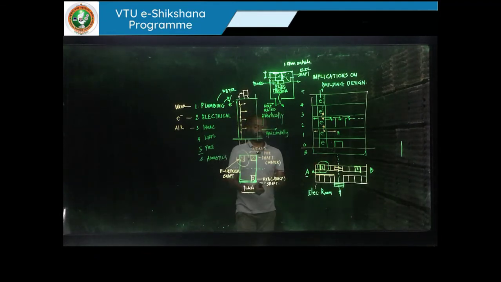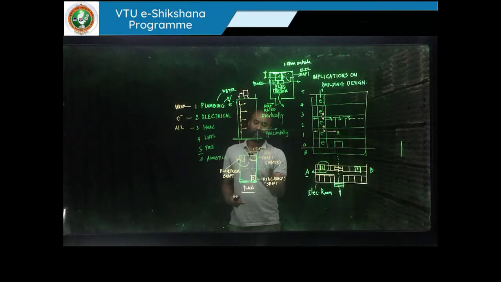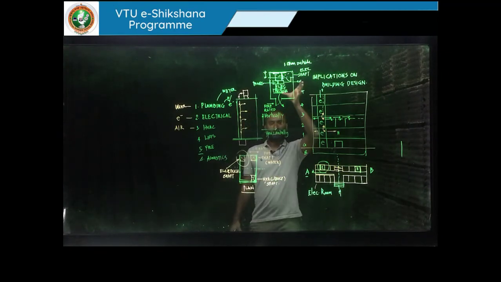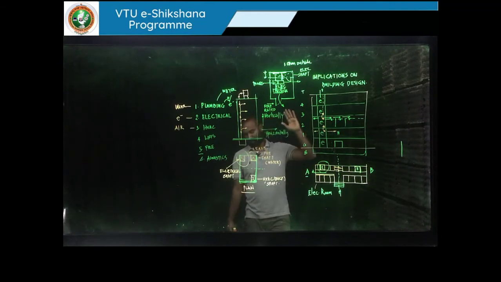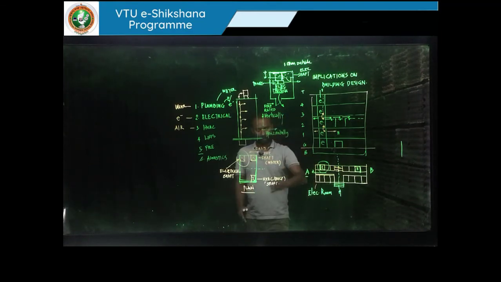So the takeaway from here is, remember in all your designs to have something called an electrical shaft, right? An electrical shaft which is going to be a core continuing from ground floor till the top floor without changing its location. There are several ways of doing it. I'm not saying this is the only way, but to be able to understand, probably this is a good starting point, where you have your core shaft at the center.